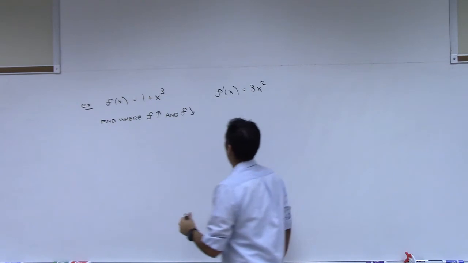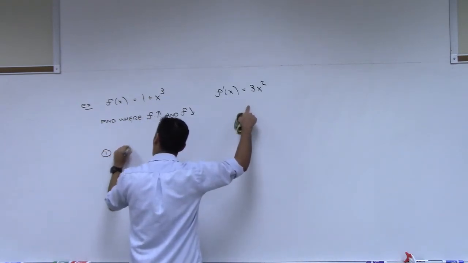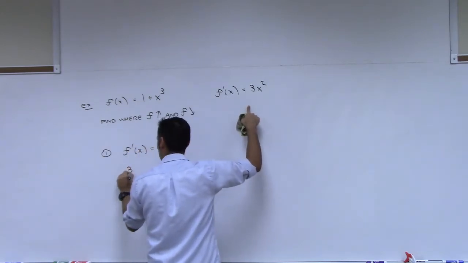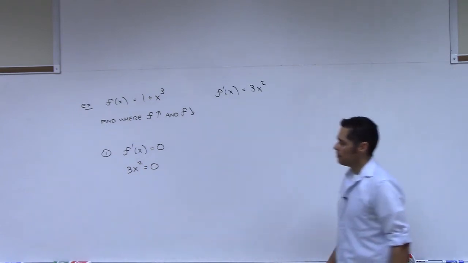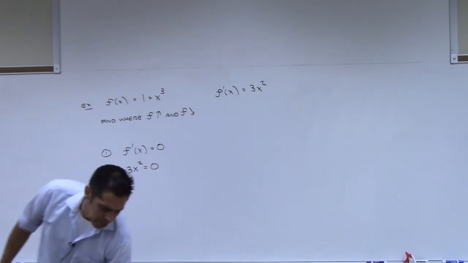All right, now, first step is to take the derivative and set it equal to 0, which means we set 3x squared equal to 0. Are there any solutions to that equation? Or how do you solve that?